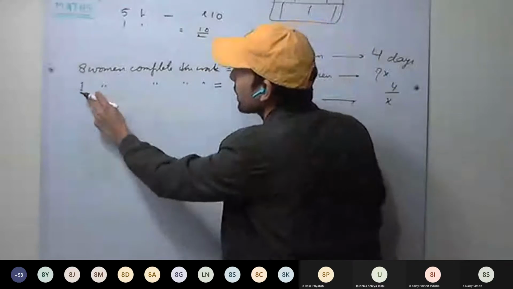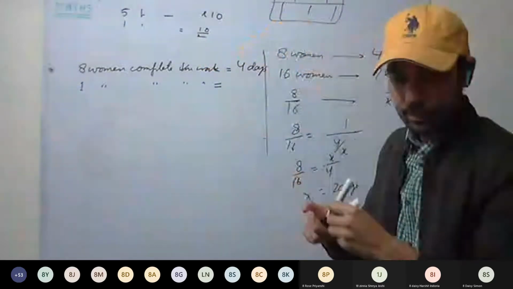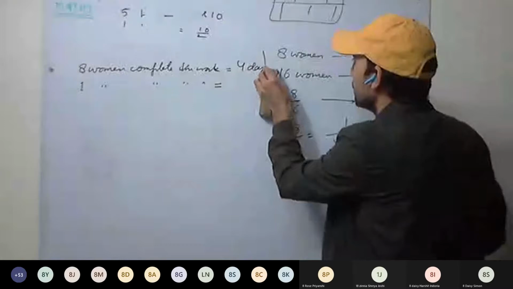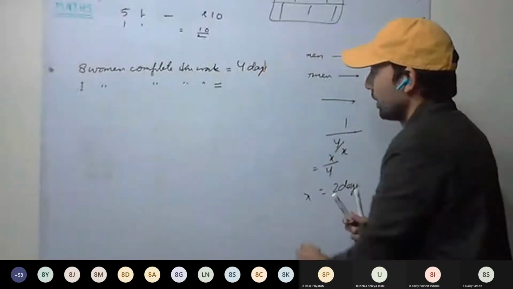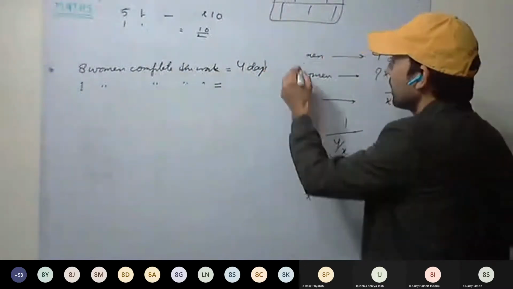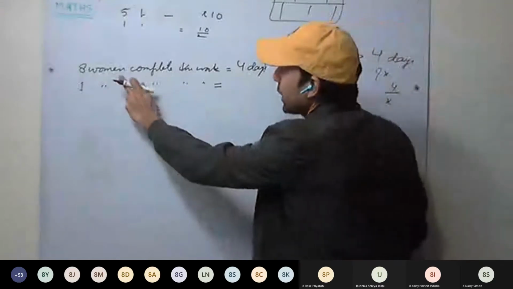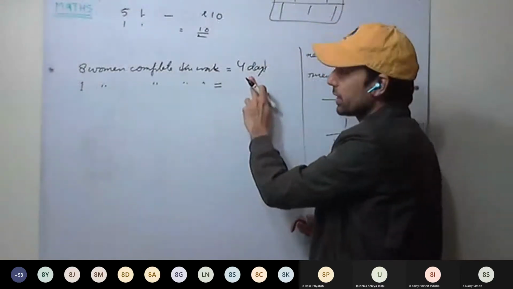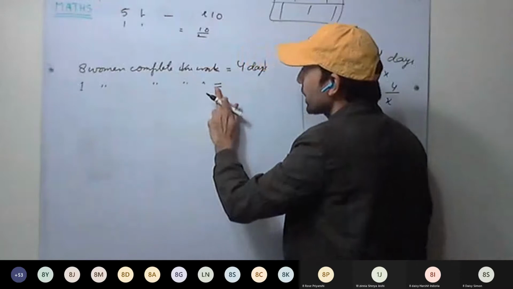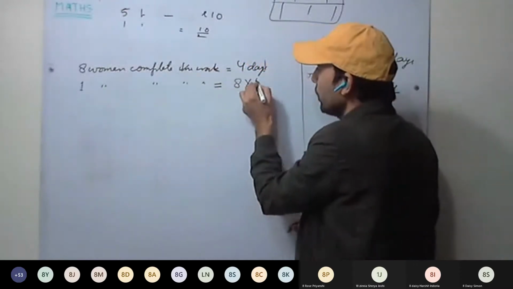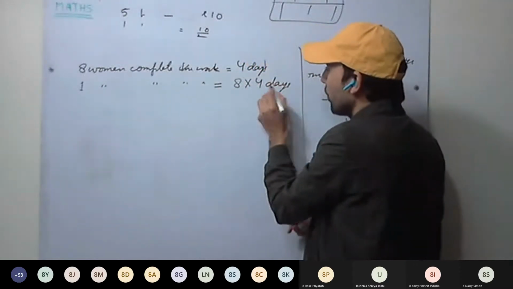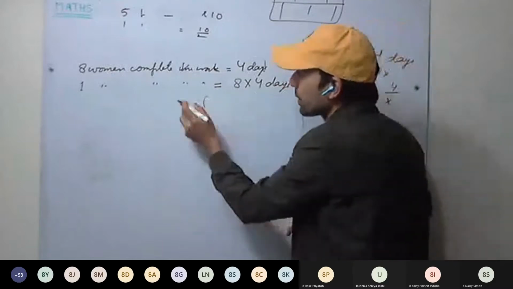So you can write somewhere here like this. Eight women complete the work in 4 days. 1 woman will complete the work in 8 into 4 days. Why have we multiplied? See here.